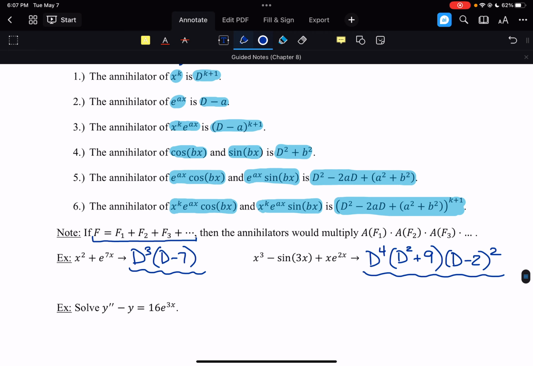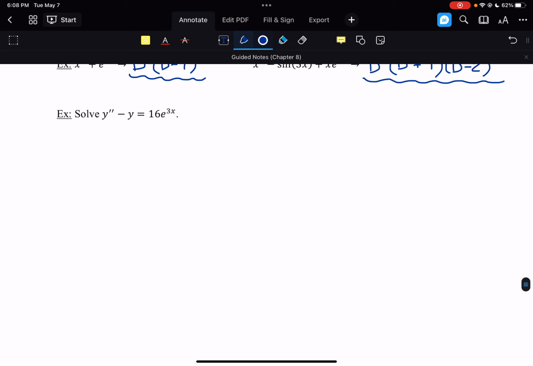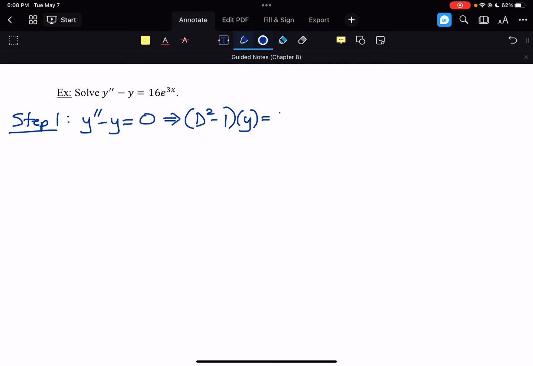So let's try an example actually solving a differential equation. Solve y double prime minus y equals 16e to the 3x. So we're going to start off with step 1. Remember, step 1, we find the complementary solution. So we solve the corresponding homogeneous equation, y double prime minus y equals 0, which in derivative operator notation is D squared minus 1 of y equals 0.